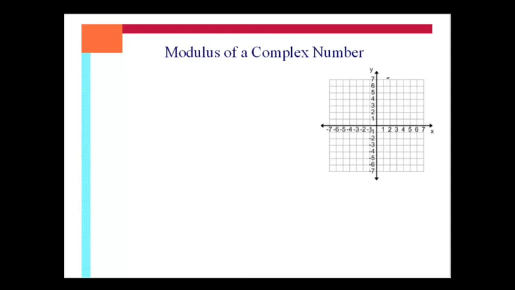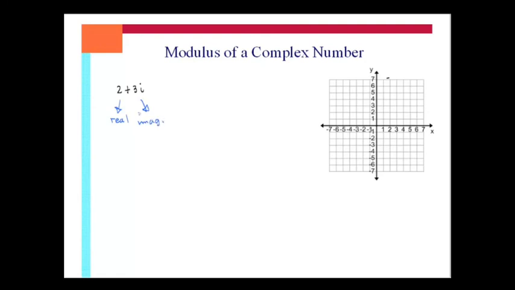Okay, well, what good is this modulus thing? Well, let's try to show a vector format for a complex number. In the previous example, we worked with the complex number 2 plus 3i. Remember, this represents the real part, and here's the imaginary part.